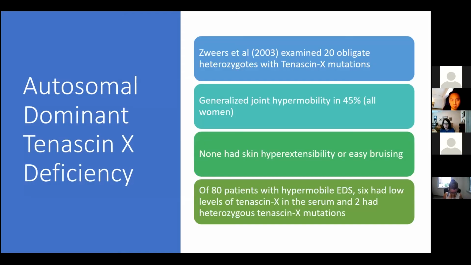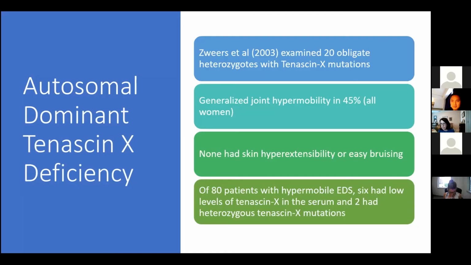All of these were women. None of them had skin hyperextensibility or easy bruising. And then in another study, in 80 patients with hypermobile Ehlers-Danlos syndrome, 6 had low levels of tenascin X in the serum, and 2 of those had heterozygous tenascin X variants.